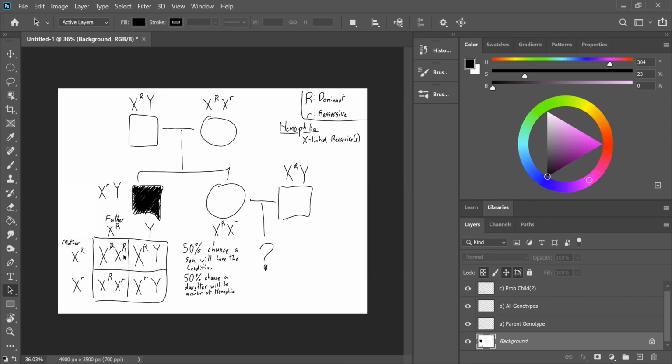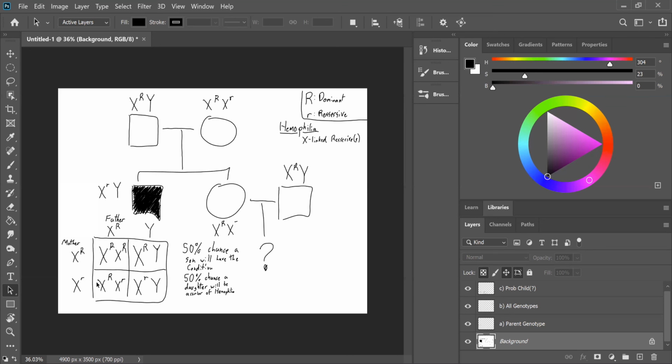Each of these quadrants is equally likely, a 1/4 chance each. If you're looking at only the boys, there's a 50% chance the boy will inherit an X chromosome with a big R, and a 50% chance for little r. Having a little r would mean he would have hemophilia. Having a big R would mean he would not. So there's a 50% chance that a son will have the condition.